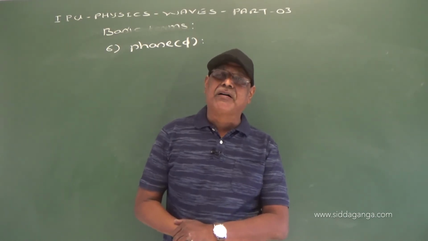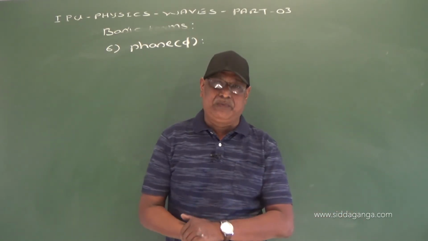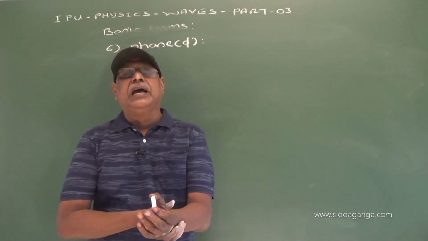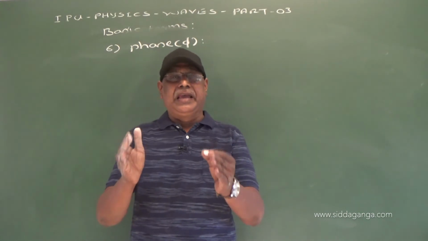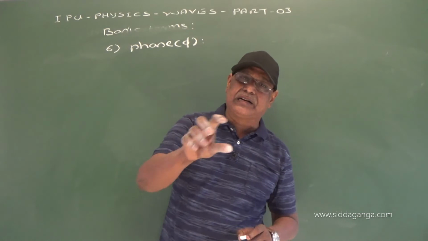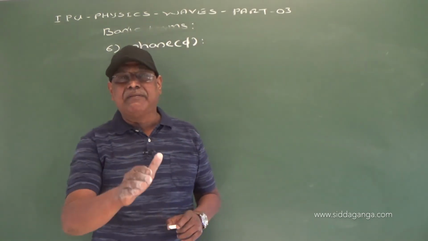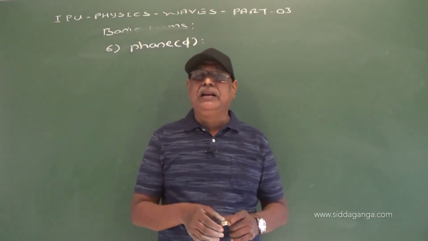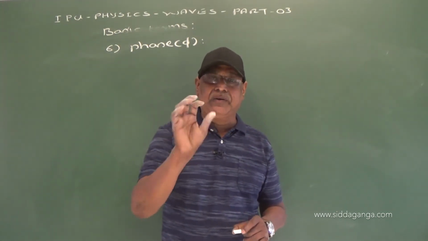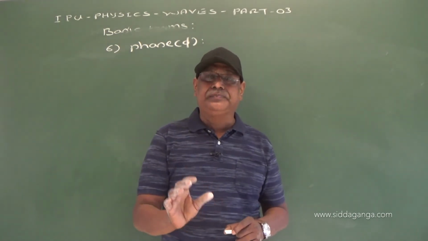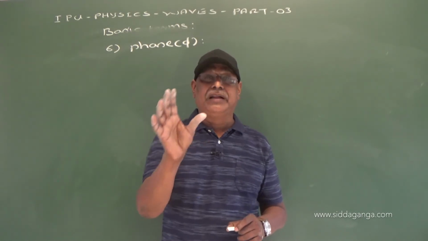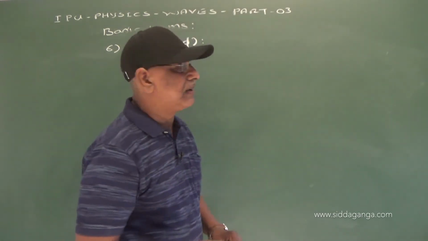The phase of a particle executing simple harmonic motion, that is oscillation or vibration, at any instant of time, is the state of vibration of the particle at that instant of time. The phase of a vibrating particle at any instant of time gives both the position and the state of direction of motion at that instant of time.